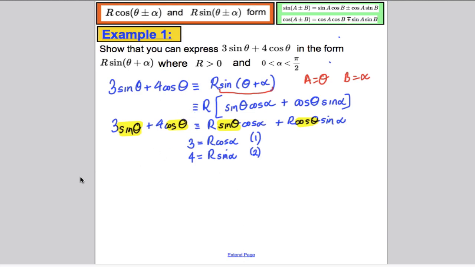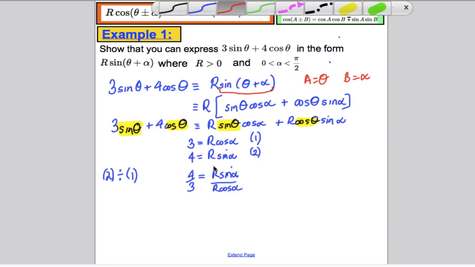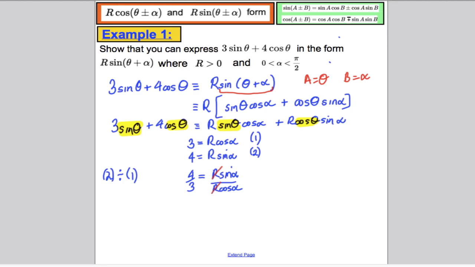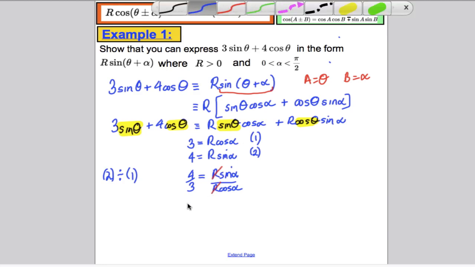Right, how do we solve something like this? Well, we could be very clever. We could say, imagine you took equation 2 and you divided it by everything in equation 1. What would I get? Well, 4 over 3 would be equal to r sin alpha over r cos alpha. So how does that help? Well, the r's cancel, and sin alpha over cos alpha is tan alpha.